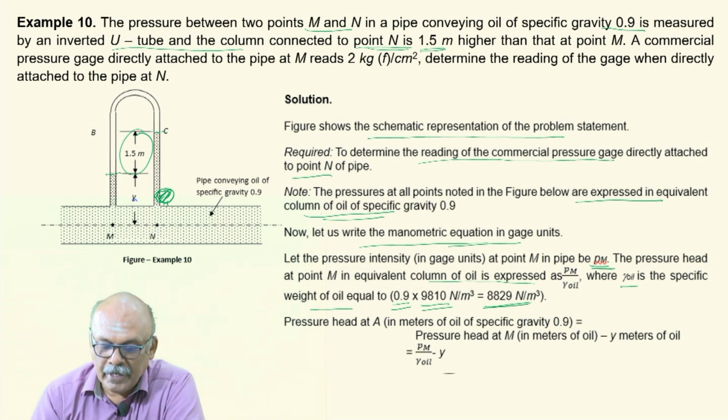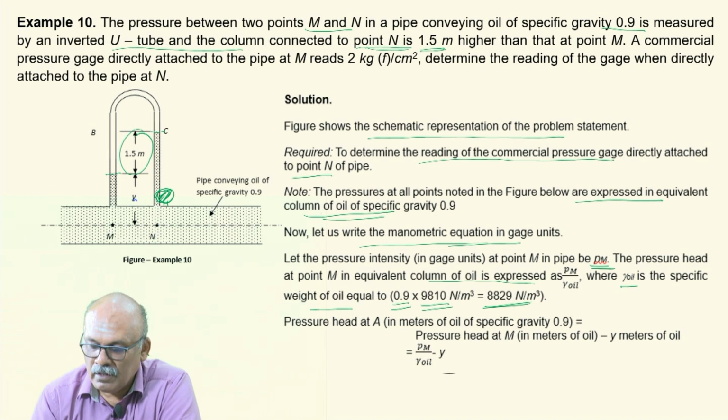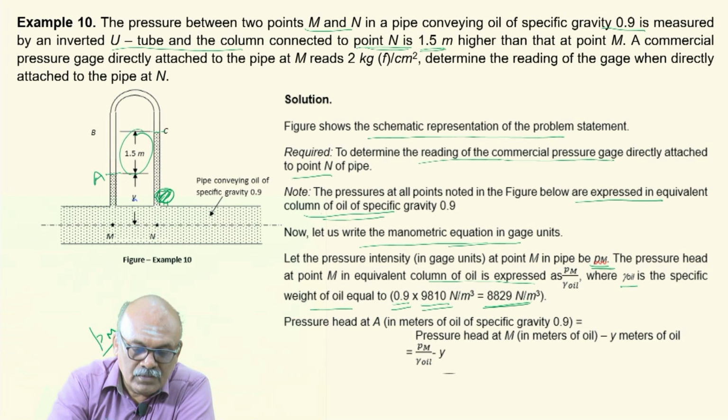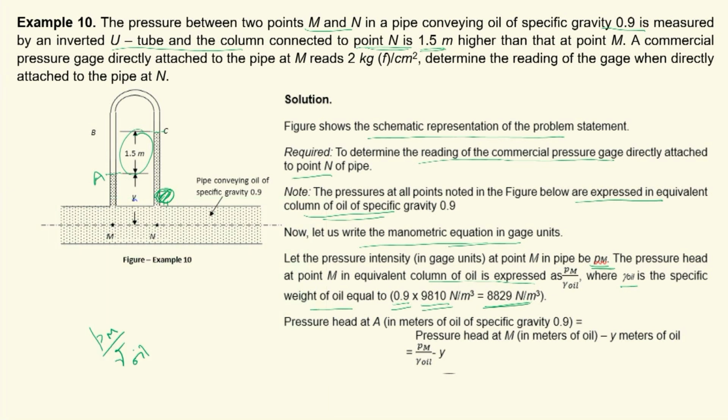Now, pressure head at A in meters of oil. This is A, that is, the surface of liquid in the left limb is at A. That is missing in the sketch, so please mark it A. So, A is above M, so pressure at A will be less than pressure at M. What is the pressure head at A in meters of oil of specific gravity 0.9?